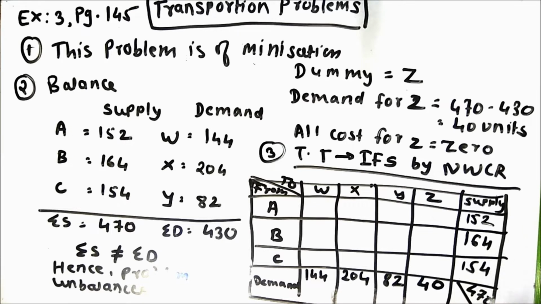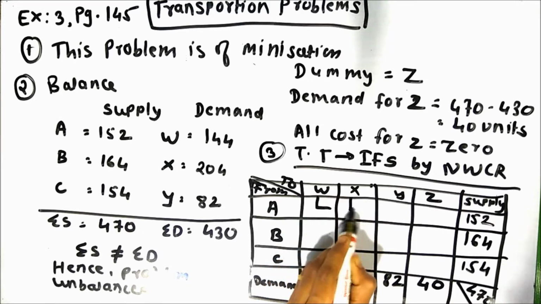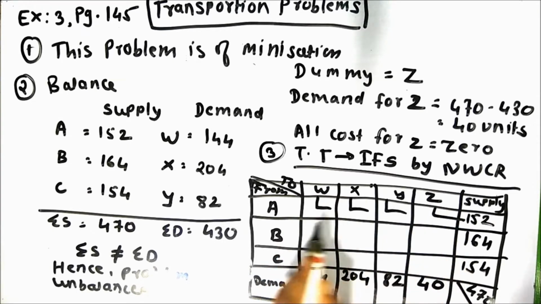Now next we have to write the cost from the question, as we have written all the demand and supply side. And the cost we always write in a box. So let me draw the box.